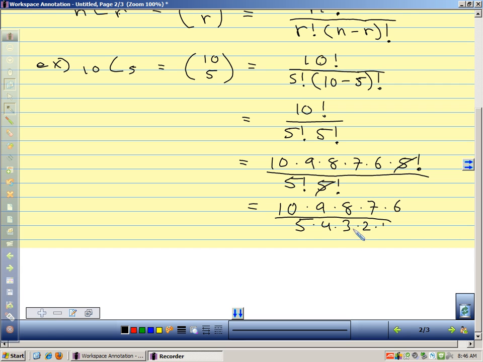And 3 times 2 is 6, right? So those cancel. 4 goes into 8 twice. 5 goes into 10 twice. So I get 2 times 9 times 2 times 7. And I calculate that out and I get 252. So if you do some cancellations, these things work out pretty easily.